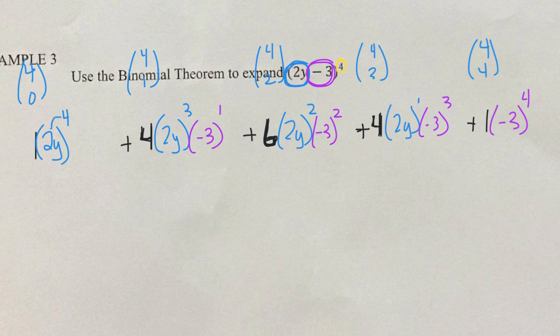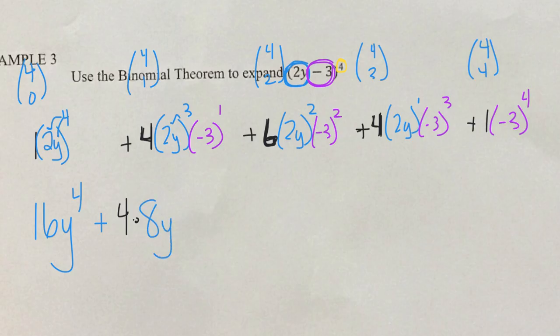So now let's do some simplifying. This is 2 to the 4th times y to the 4th. So 2 times 2 times 2 times 2 is 16y to the 4th. Plus 4 times, what is 2y cubed? So that's 2 cubed, y cubed, is 8y cubed times -3. Plus 6. 2y squared becomes a 4y squared.